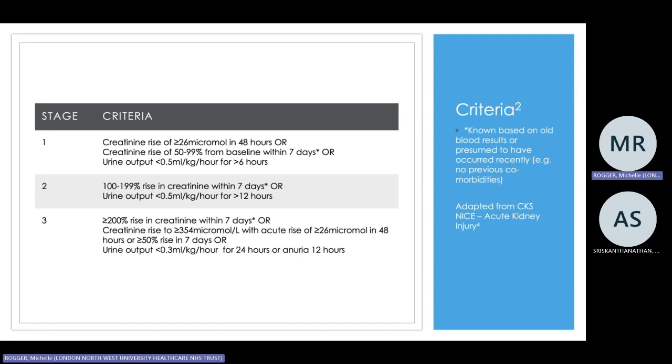So this is the table. It's adapted from NICE guidelines, and AKIs can be divided into 3 stages, 1 being a mild AKI, I guess, and 3 being a more severe AKI.